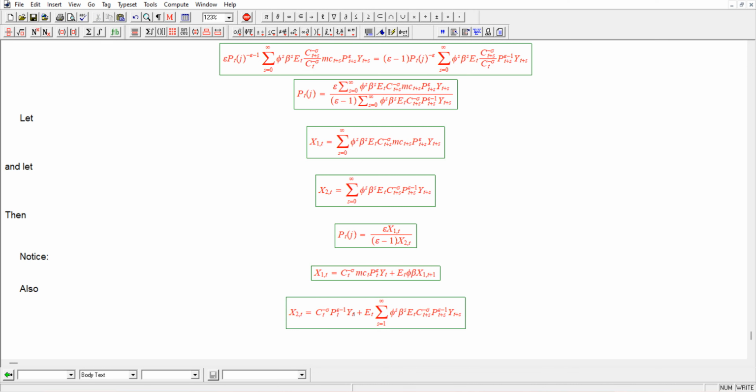And again, we can set this equal to 0 as long as we add 1 to all the terms here.